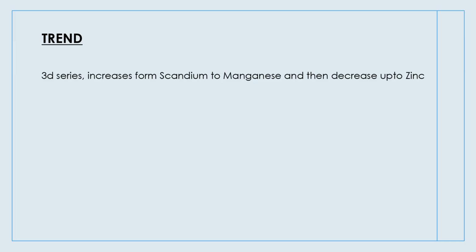It means from scandium to manganese, the oxidation state will increase +2, +3, +4, +5, +6, +7. But then from manganese and forward till zinc, it will decrease +6, +5, +4, +3, +2, +1 for the copper, and then again +2 for the zinc.